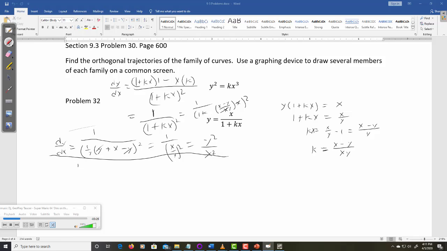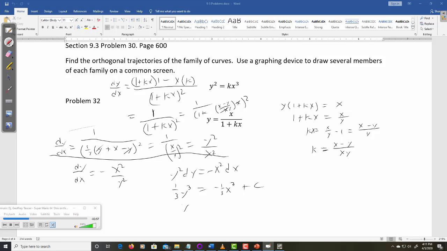The derivative of the orthogonal trajectories then is dy/dx equals negative x squared over y squared. Separate variables, y squared dy equals negative x squared dx. So 1/3 y cubed equals negative 1/3 x cubed plus a constant.